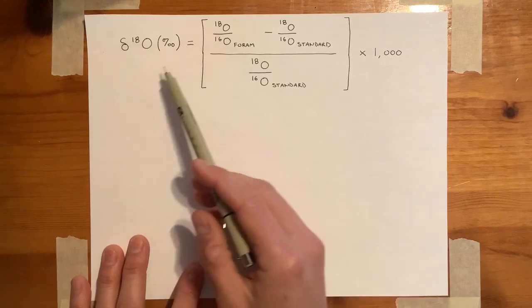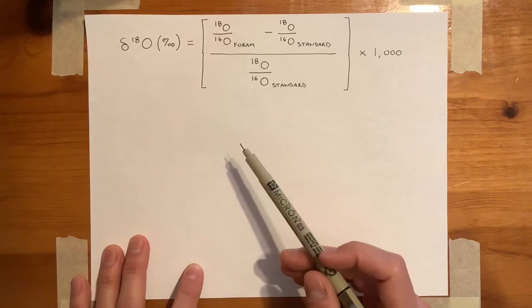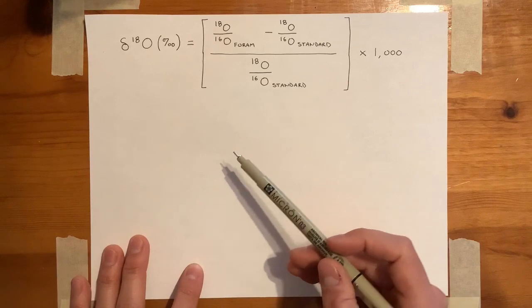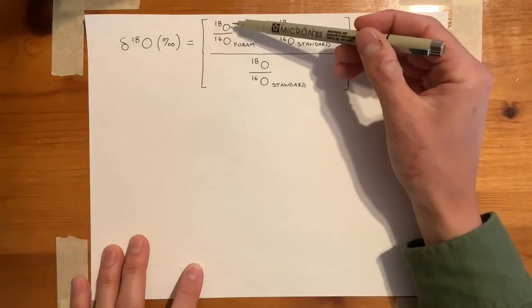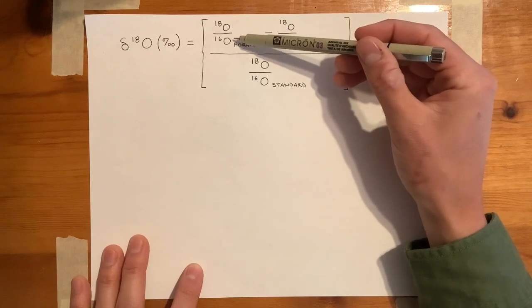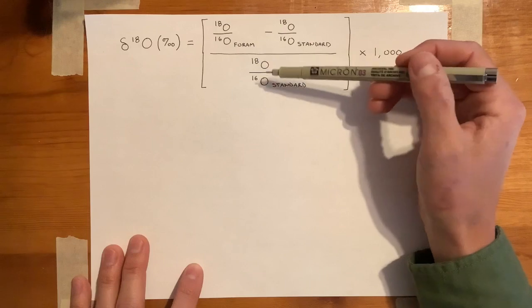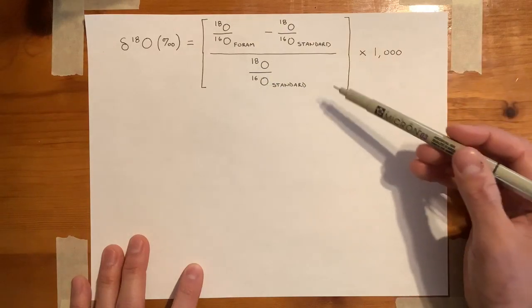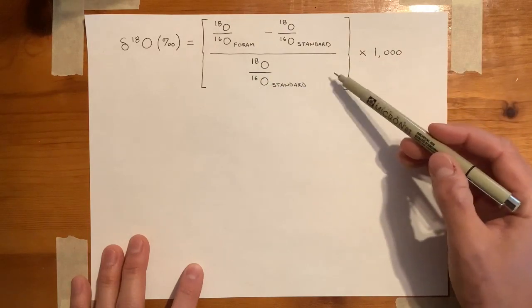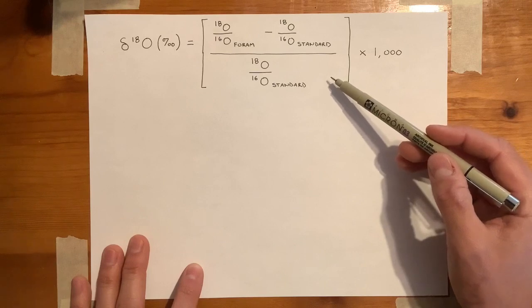Now what this value is, is the difference between the ratio of oxygen 18 to oxygen 16 that's measured in a foram shell as it's compared to a standard value that all scientists all over the world agree upon.